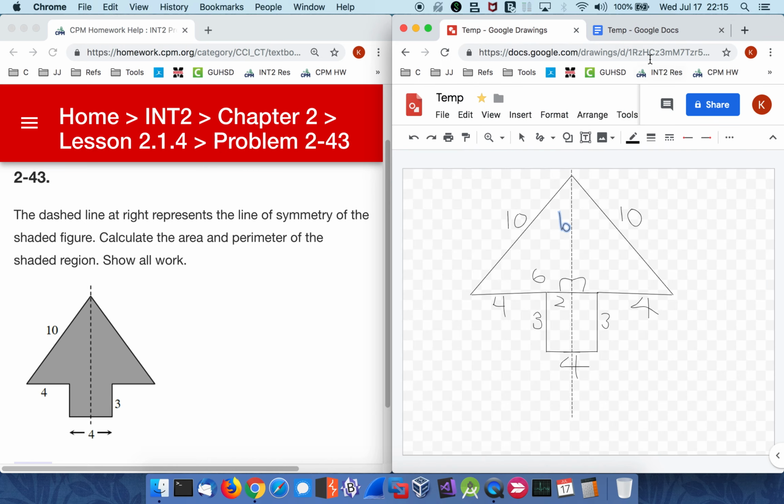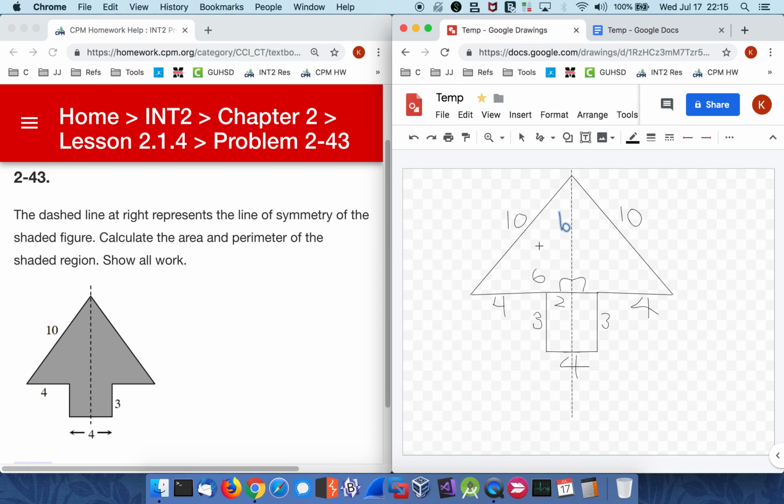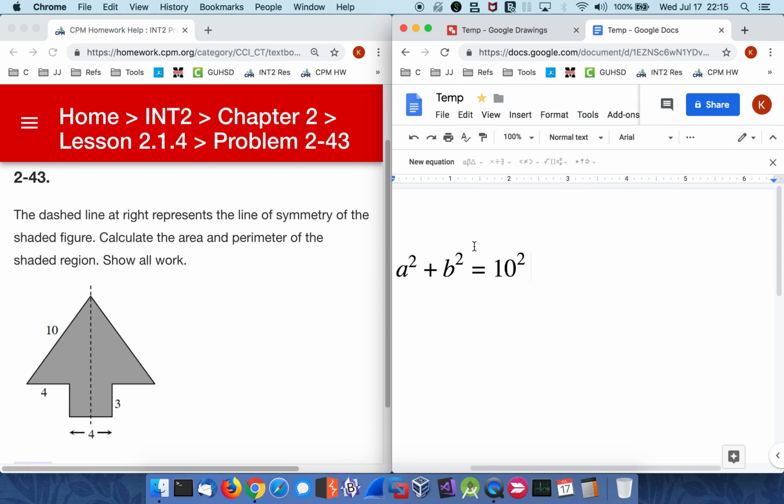C is 10, so 10 squared, and we know that this side is 6, so 6 squared plus B squared equals 10 squared.